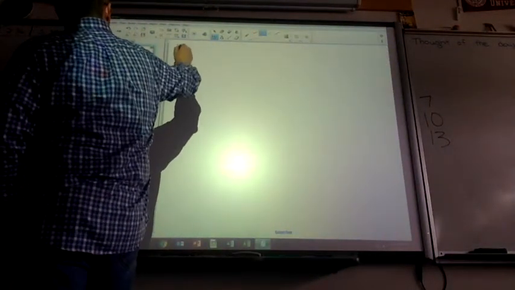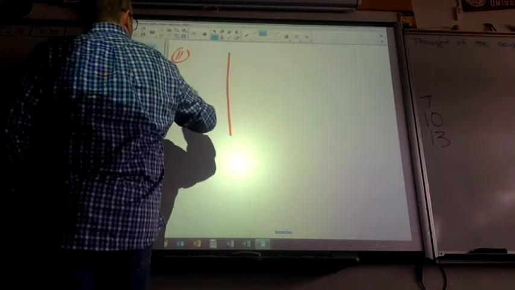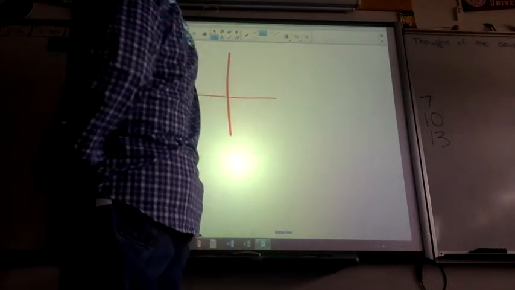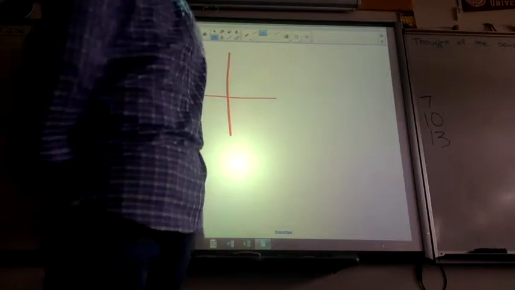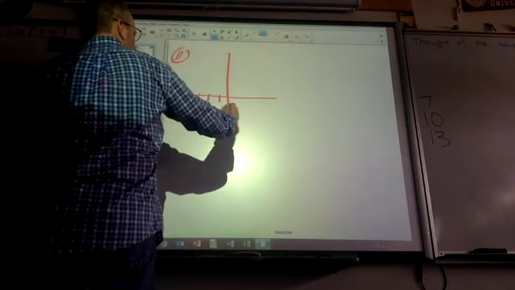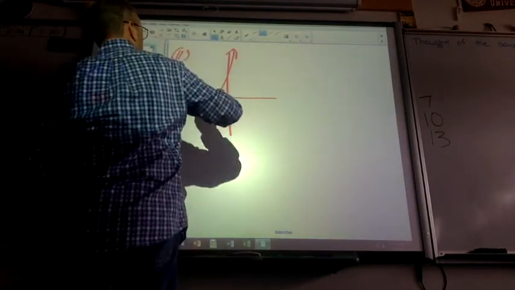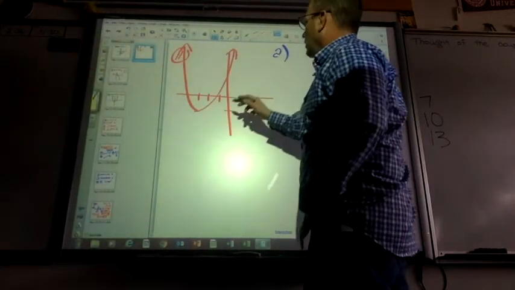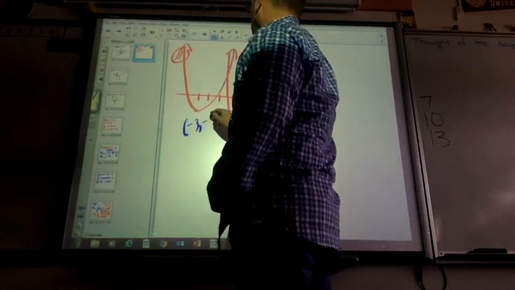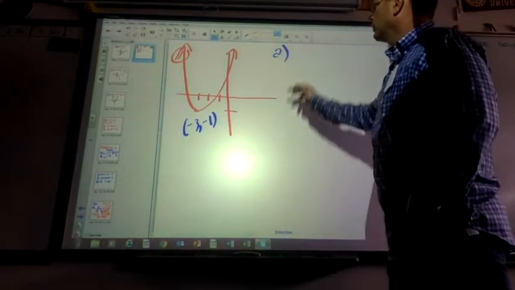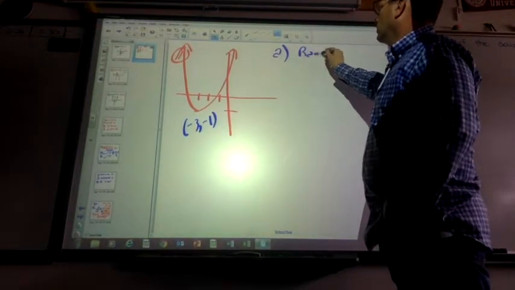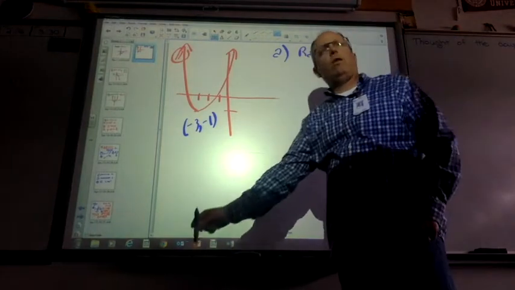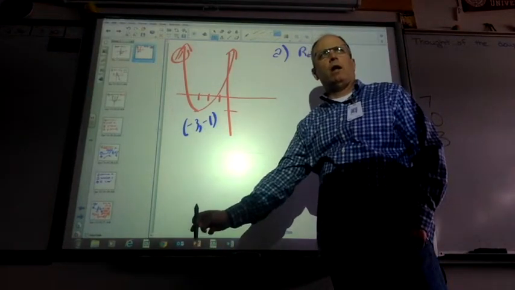Number 11, it's a parabola the opposite way. Agree? It looks like (-3, -1). What does letter A ask us for? Range. Let's use my analogy again. I'm starting forever down here, riding up this elevator.